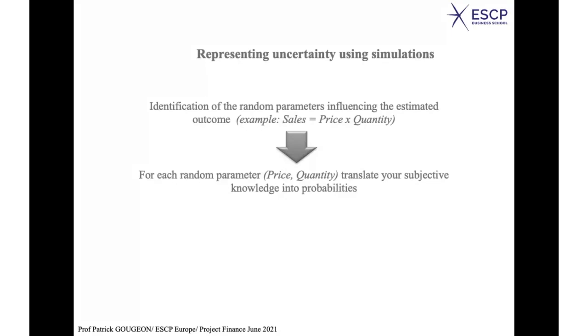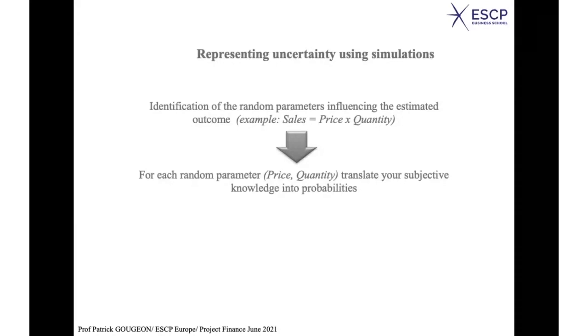Maybe these guys have an understanding of the market, how it works locally. And they would tell you, on average, you can expect this price, but it can fluctuate in a certain range. And the same for the quantities. We'll see in a minute how you can transform this subjective knowledge into probabilities.